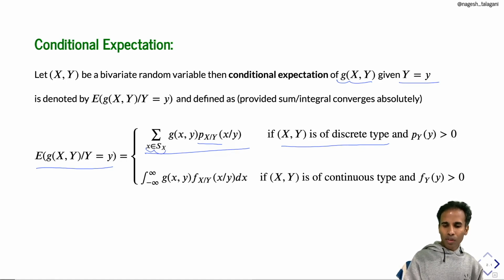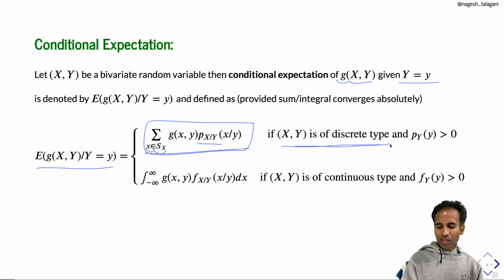Here the sum runs over x in S_X and y is fixed, so this sum will be in terms of the given y. So this is the conditional expectation of g(X,Y) given Y if (X,Y) is discrete type.